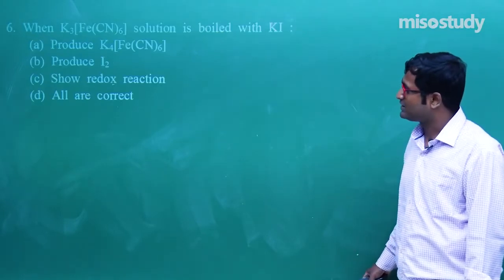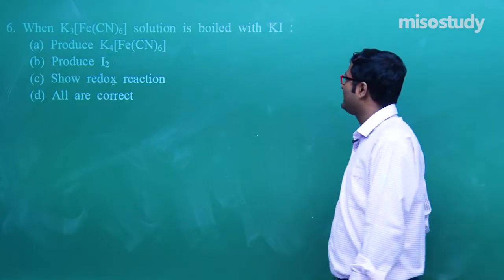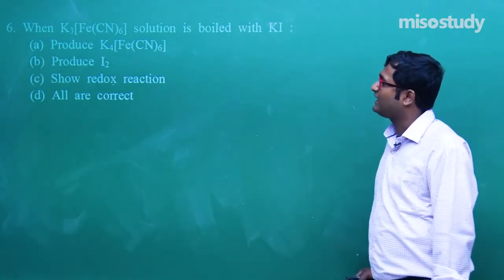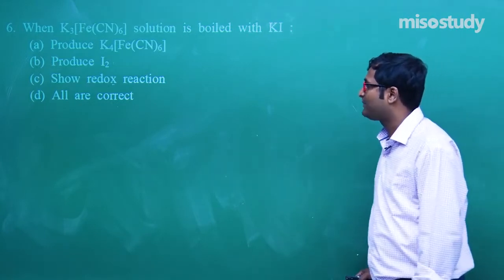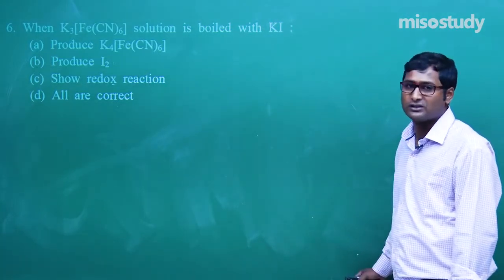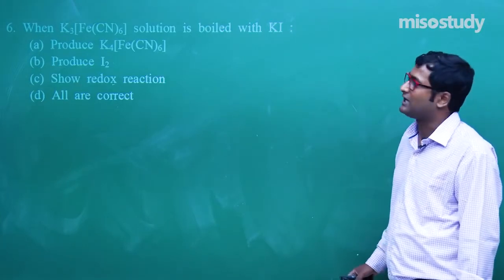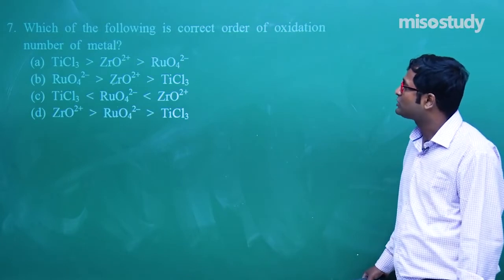For question number 6, this is an example of a redox reaction. KI is the reducing agent and K3Fe(CN)6 is the oxidizing agent. So producing K4Fe(CN)6 is a correct option, producing I2 is a correct option, and redox reaction is a correct option. So all are correct. For question number 6, D is the correct option.